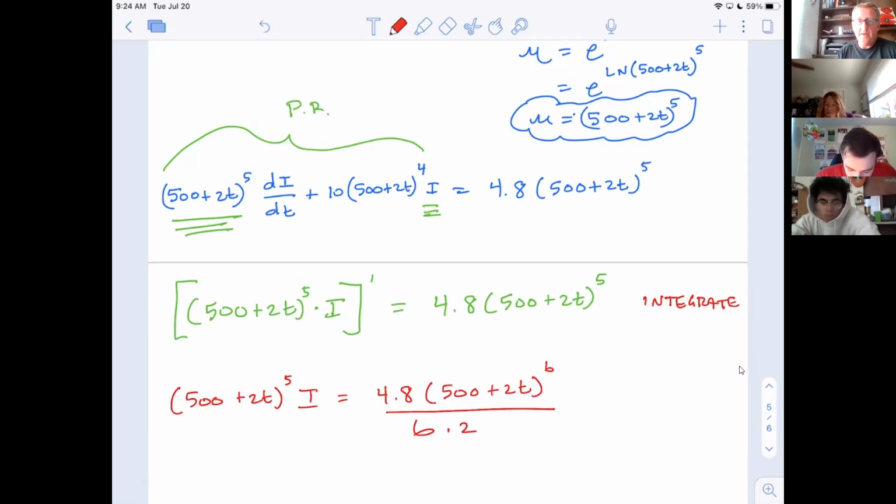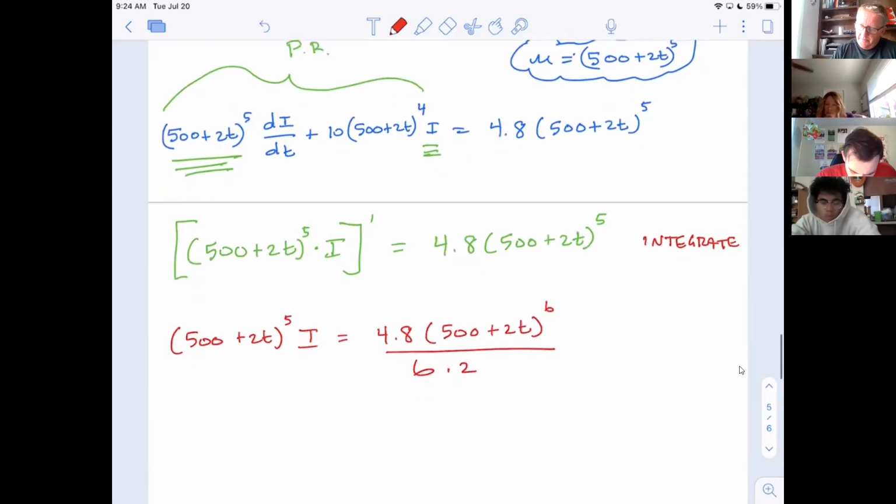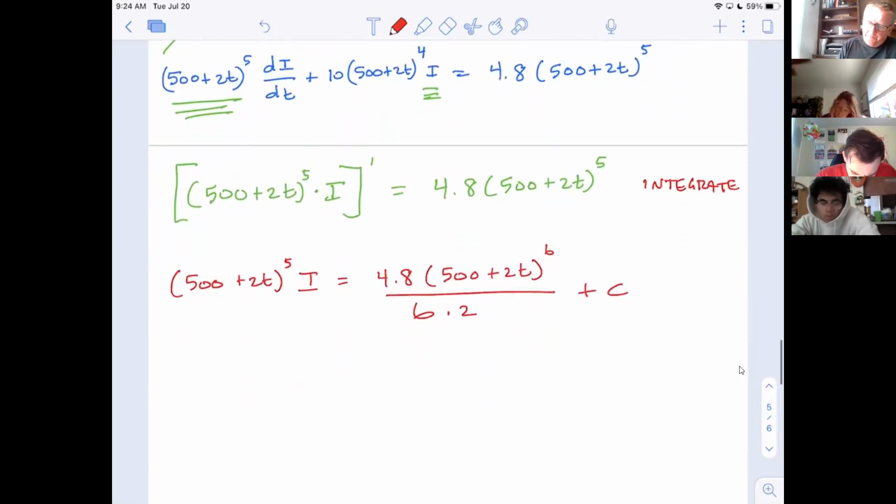And so, great. I'm home free. And of course, there's a plus c, which is really important because my next move is going to be to divide both sides by this statement right here. I'm going to divide that away from both sides. Notice in the first part of this problem, you end up with 4.8 divided by 12, which I'm inclined to want to turn into a decimal, and I got 0.4.